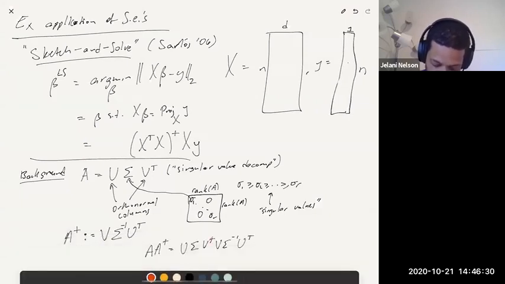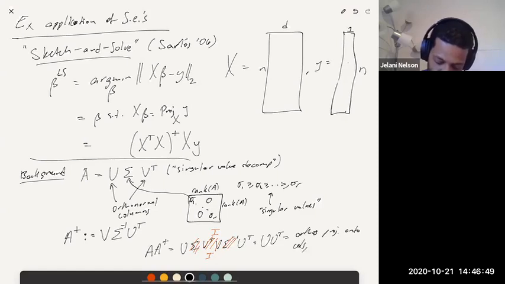Okay, V transpose V is the identity because V has orthonormal columns. Sigma times sigma inverse is the identity because it's the inverse. So this is just equal to U U transpose, which is the orthogonal projection onto the column space of A. Right?